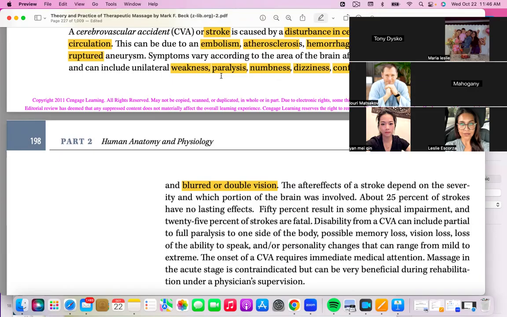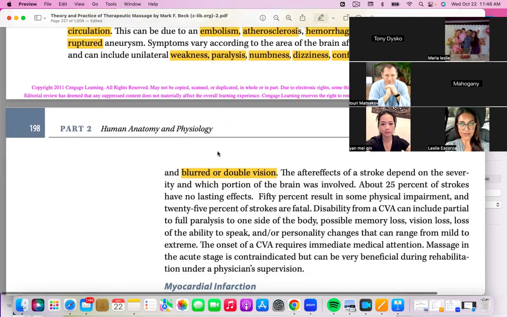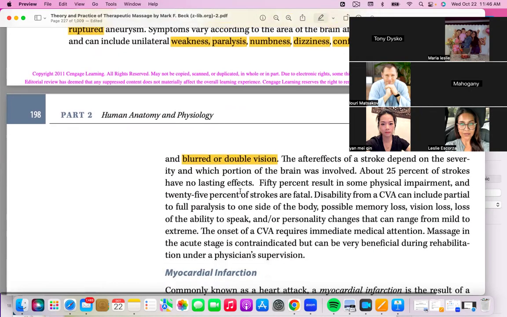Okay, the after effect of the stroke depends on several factors. About 25% of strokes have no lasting effects, so they get over them after the condition has been taken care of. 50% result in physical impairment where they need physical therapy, and in 25% of strokes, people die.